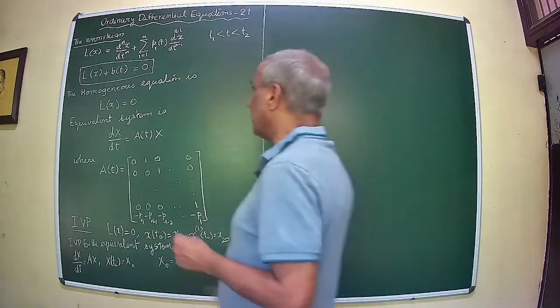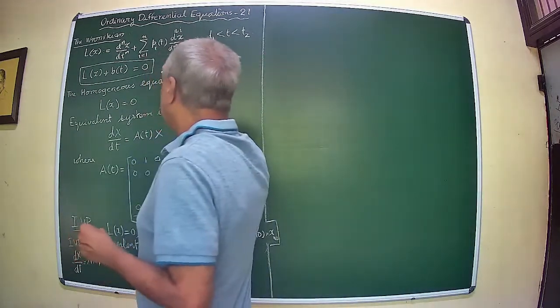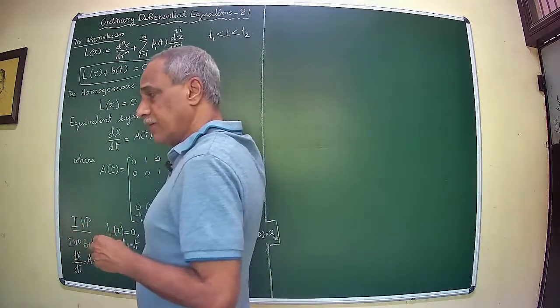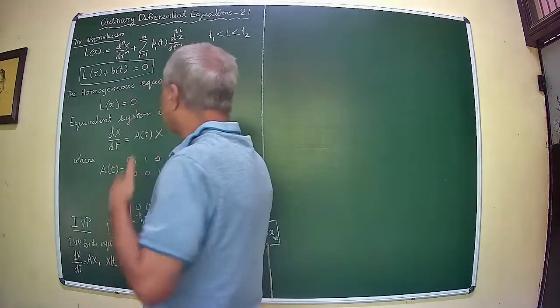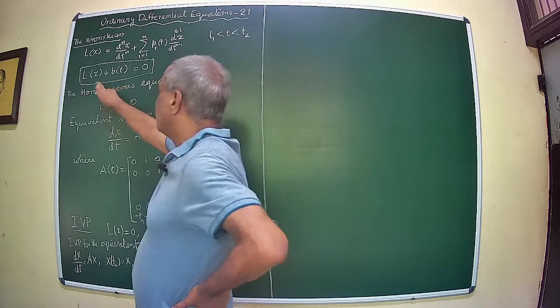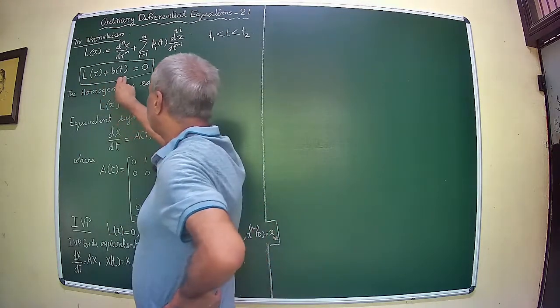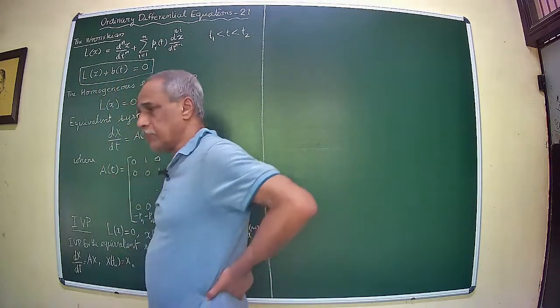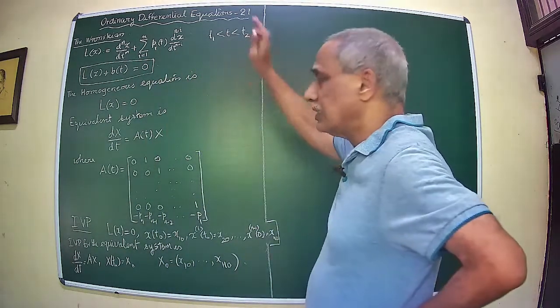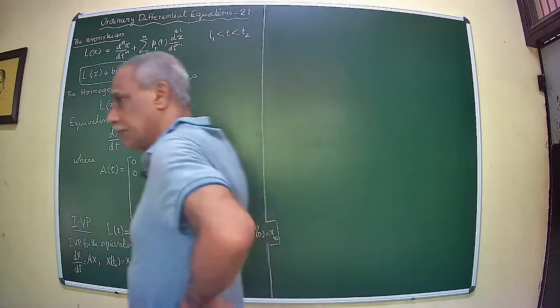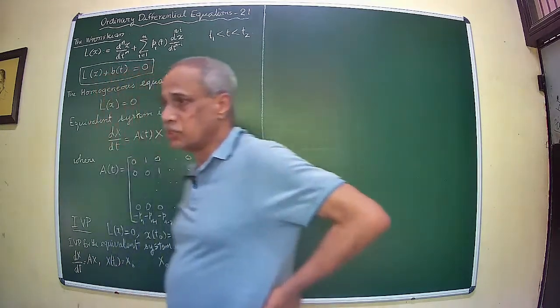So you have the nth order linear differential expression here, and the corresponding non-homogeneous equation is given by Lx plus Bt equal to 0. We assume all the Pi's are sufficiently smooth, in the sense that they can be differentiated as many times as you want.